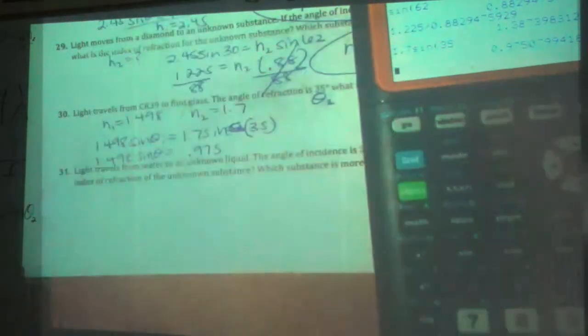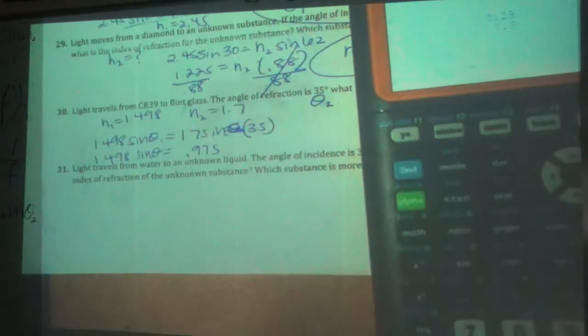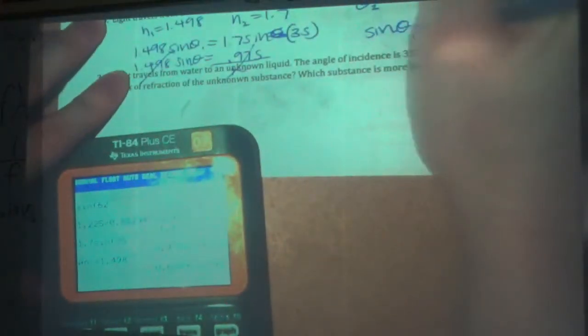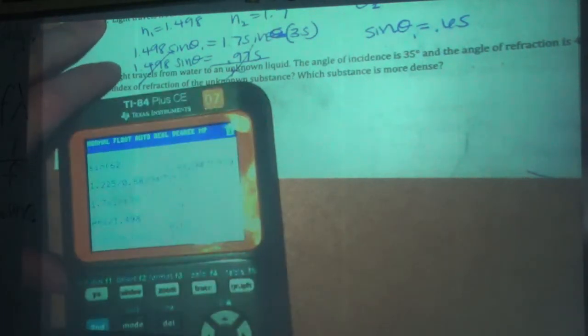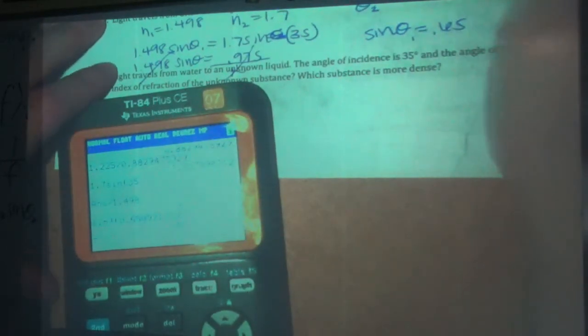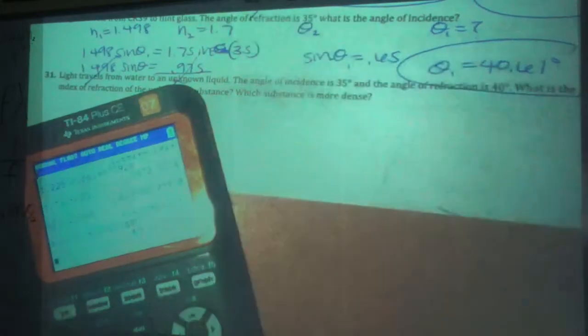That's 0.975. Now I'm going to divide the 1.498 over. That's going to cross off this right here when I divide it over. So that gives me sine of angle 1 is 0.65. So then sine inverse, and that gives me that angle 1 is 40.61 degrees. That's the angle of incidence that would make it refract at 35 degrees.